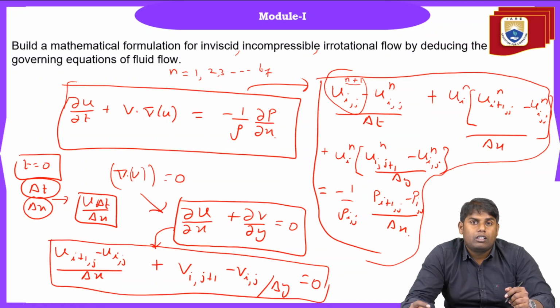Therefore, for all incompressible, inviscid, irrotational flows, you take density constant and viscosity constant. With this, the flow equation variables get reduced.